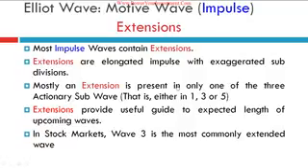Since wave 3 is extended, we can take the size of wave 1 and imply that the size of wave 5 will be similar to that of wave 1. So extensions provide a useful guide to the expected length of upcoming waves. Usually in stock markets, wave 3 is the one you'll recognize as the most extended.